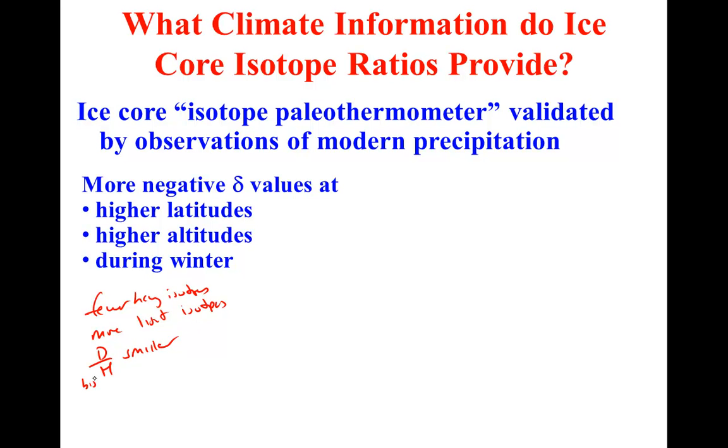This number gets bigger, this number gets smaller. So the overall ratio is smaller, the delta is more negative.